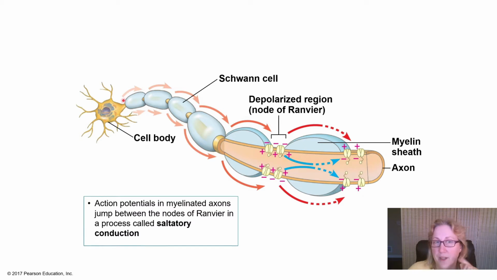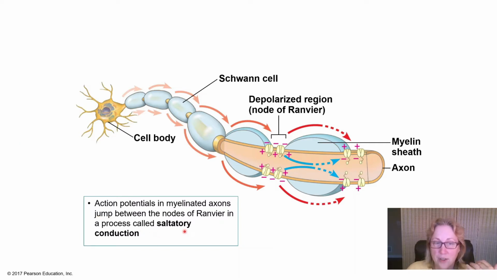So what this does is, instead of having to go along the entire length of the axon bit by bit, the action potential jumps from gap to gap to gap, and that means that it goes faster. So this is the adaptation in vertebrates for the very long axons that can be present in vertebrates, so that the nerve signal moves very quickly.